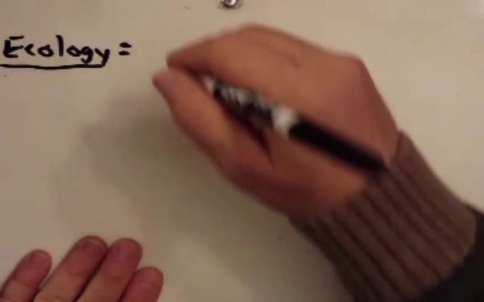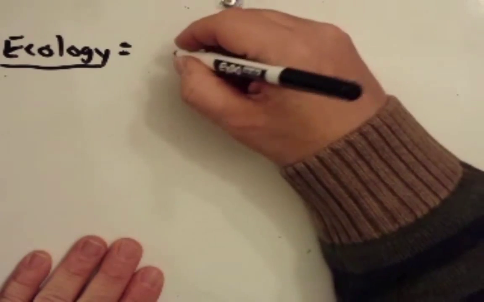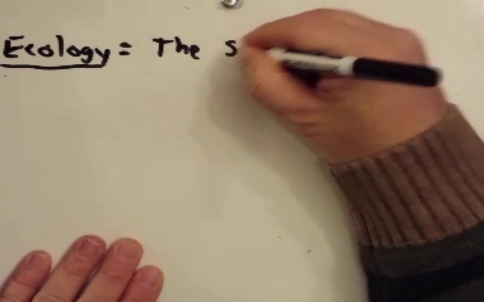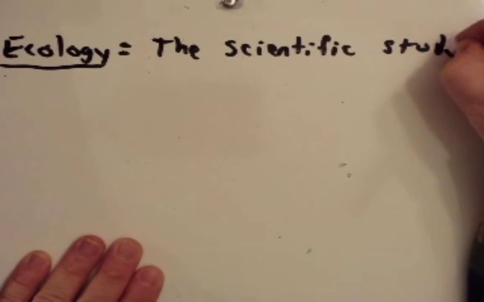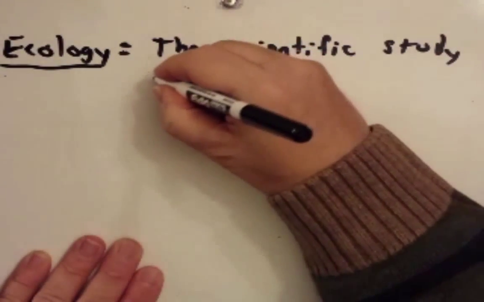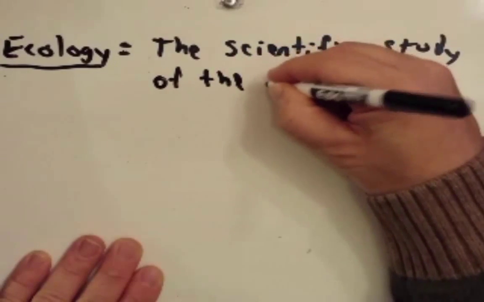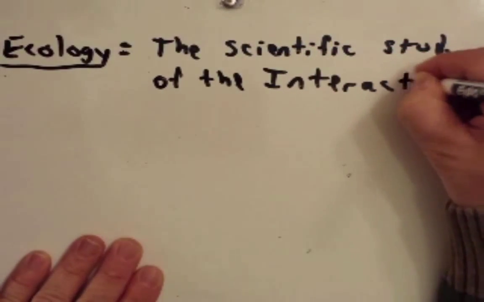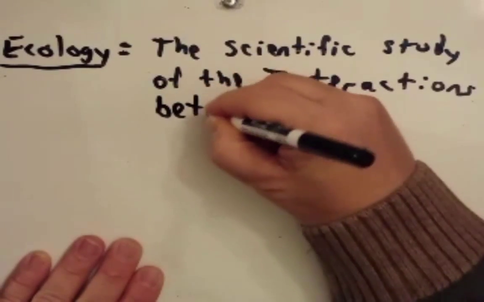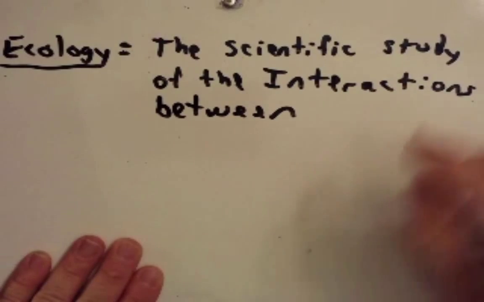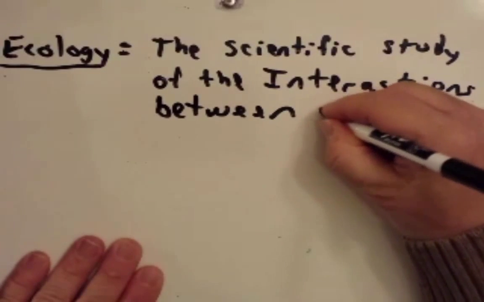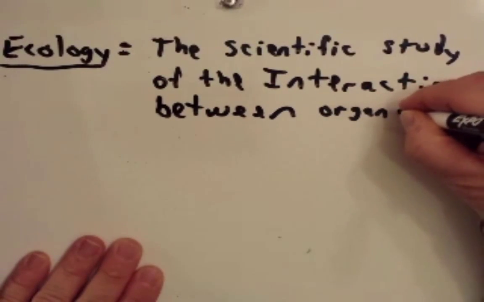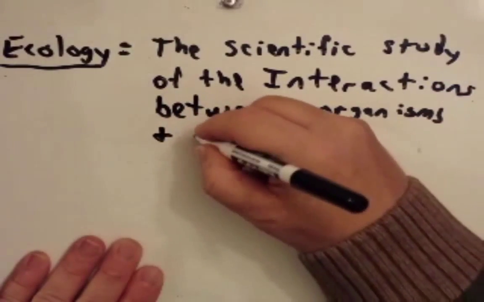Let's begin with a simple definition of ecology. Ecology can be defined as the scientific study of the interactions between organisms and their environment.